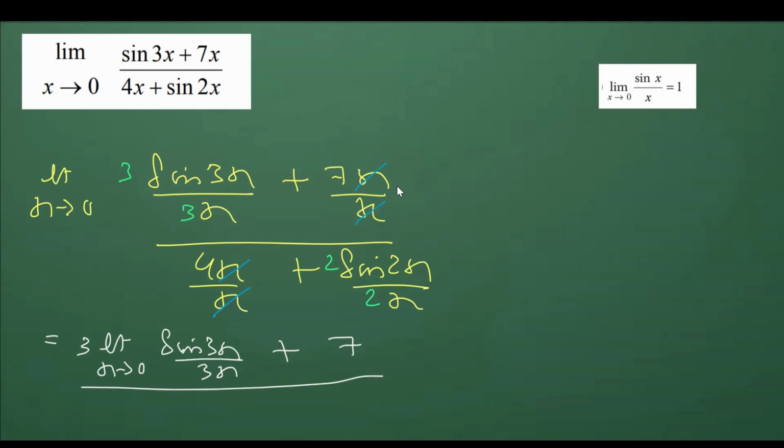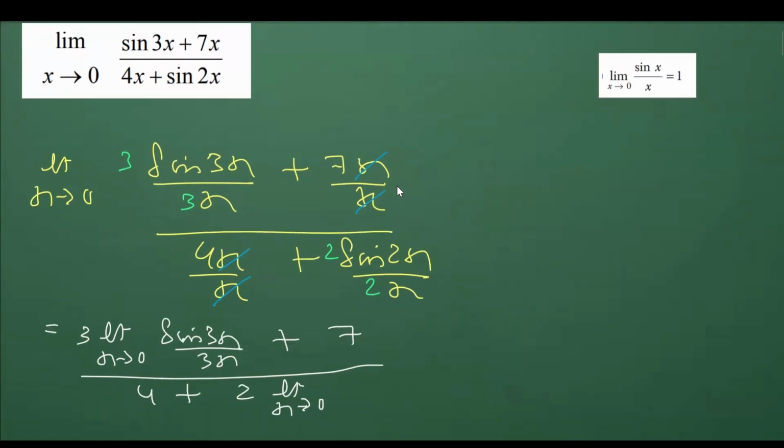Coming to the denominator part, this is independent of x, so we'll simply write 4 over here. Plus, we'll be applying the limit over here. After writing 2, 2 is outside the limit, limit x tending to 0, that is sine 2x over 2x. Now check what we are getting. We are getting a 3 over here.